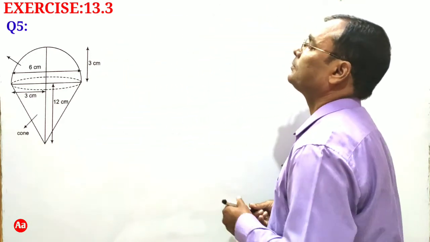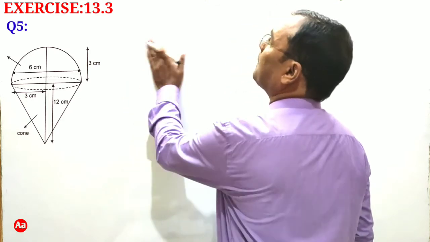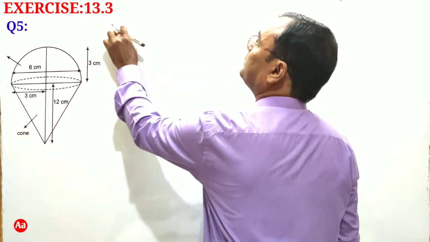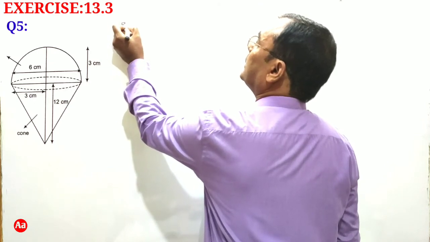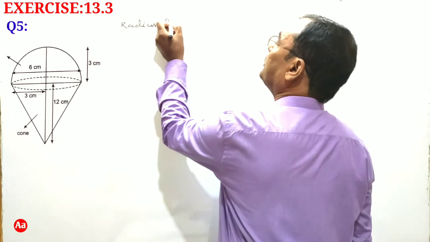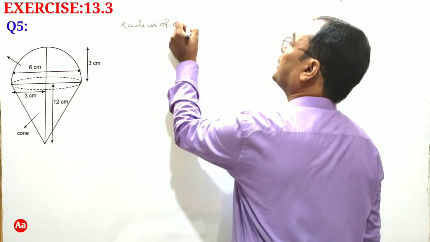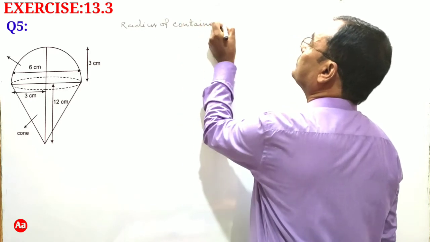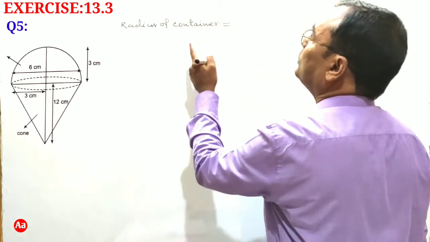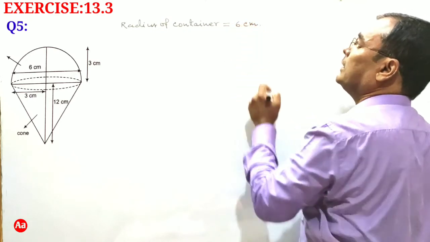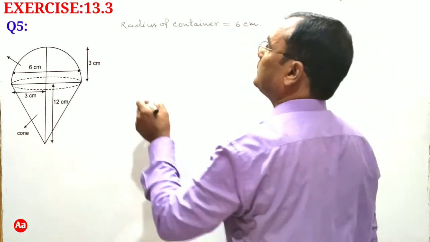So let the radius of the container be equal to 6 centimeter, as diameter is given 12 centimeter.